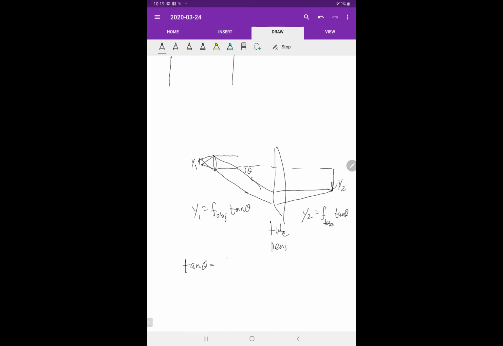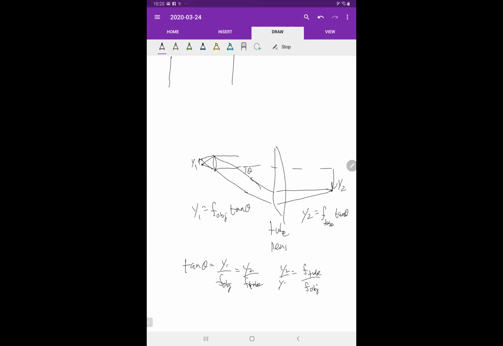So tan theta is y1 over the objective focal length. It's also y2 over the tube focal length. So y2 over y1 is equal to f tube over f objective.